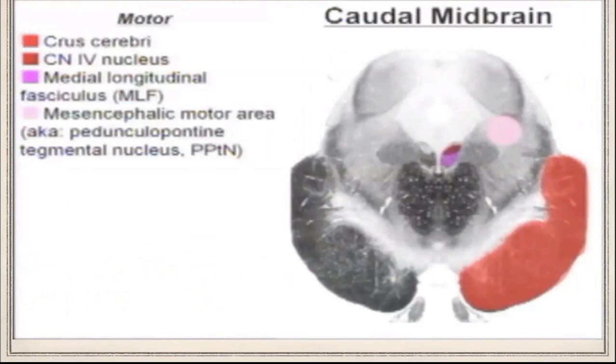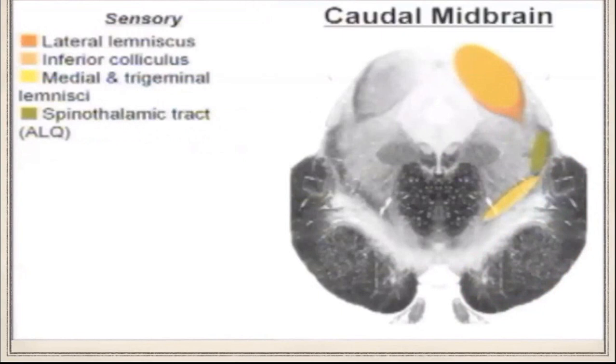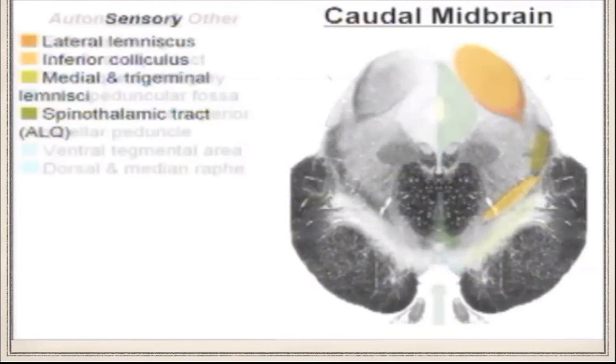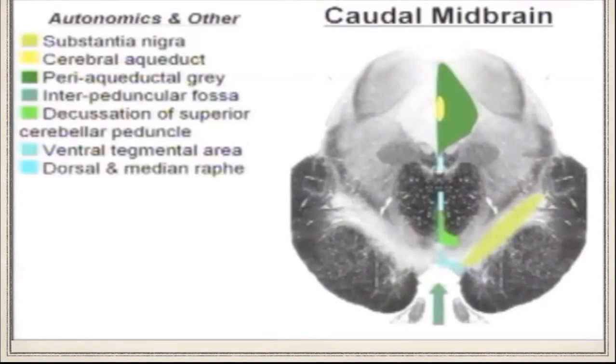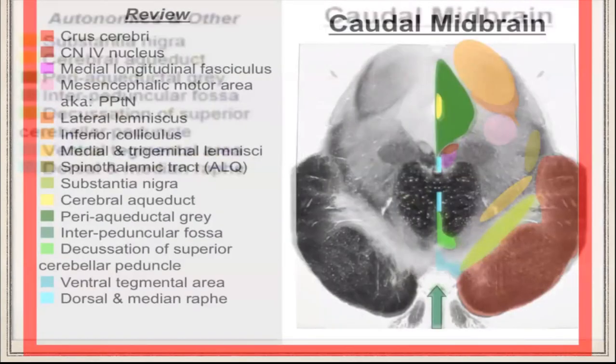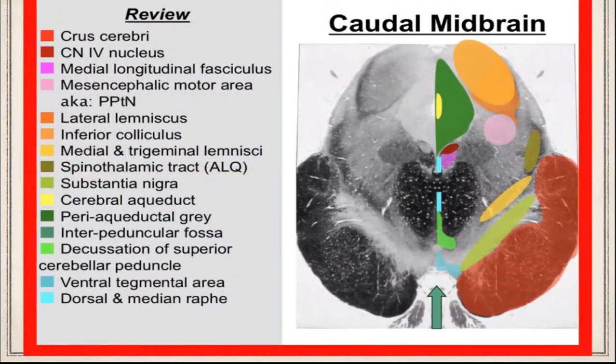You can see what's there in the motor system. You can see what's there in the sensory system. Notice the medial and trigeminal lemnisci and the lateral lemniscus in orange up there for hearing. Then the autonomic and other system for the caudal midbrain. You put it all together, that's the caudal midbrain.